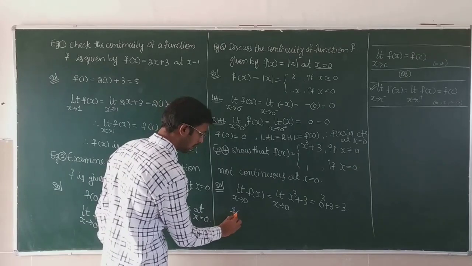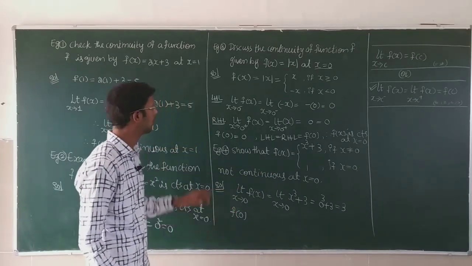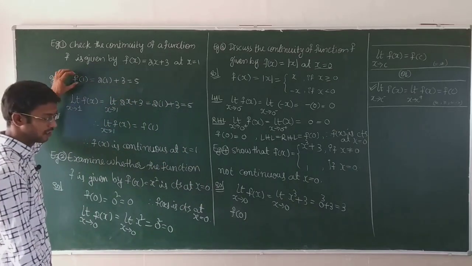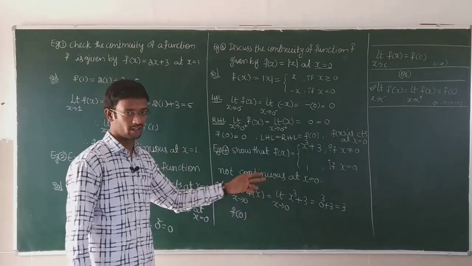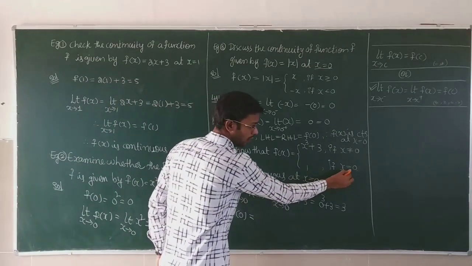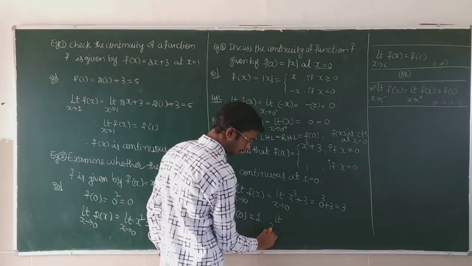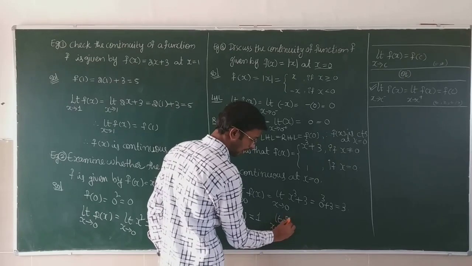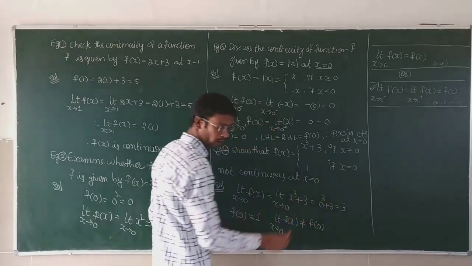Next, f of 0. We can find that first also. In the earlier problem we found f of 1 first, in this problem second. No problem, you can rearrange this. F of 0 is equal to 0 means the answer is 1. Limit x tends to 0 of f of x is not equal to f of 0.